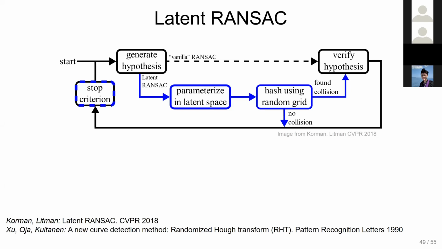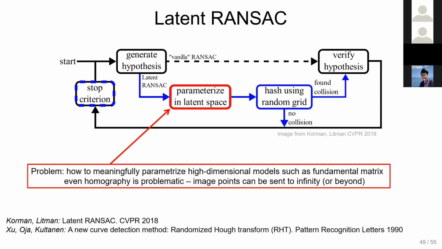Interestingly, this idea has also been around for quite some time. In 1990, it was used to detect curves, and the method is called randomized Hough transform. The problem with this approach lies in this parameterization in latent space.